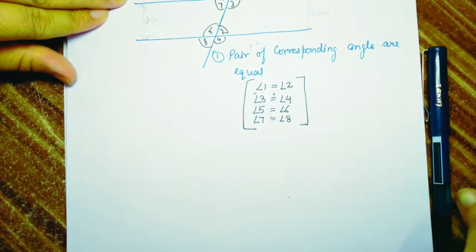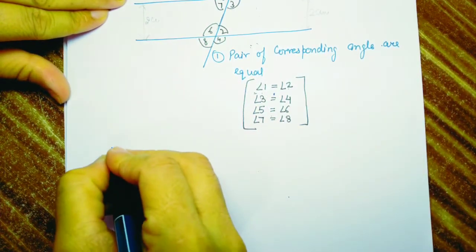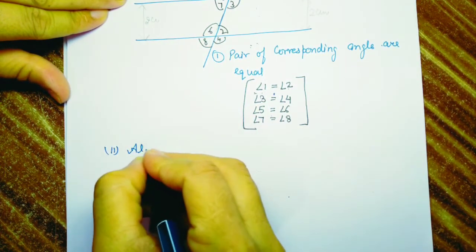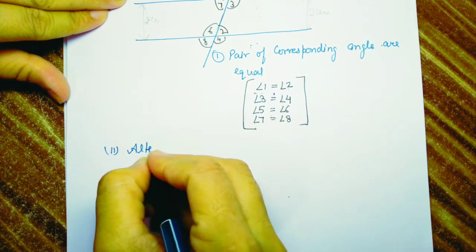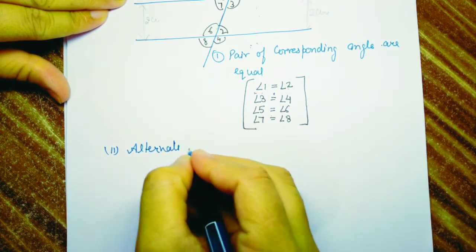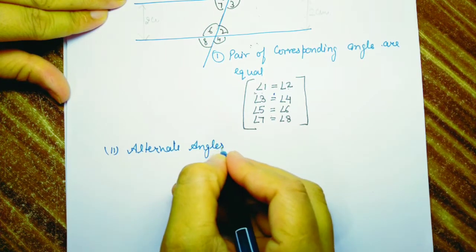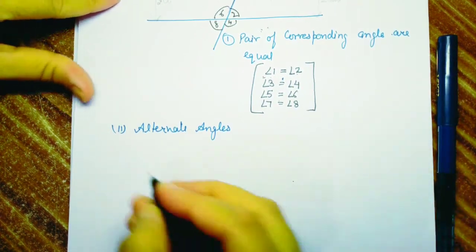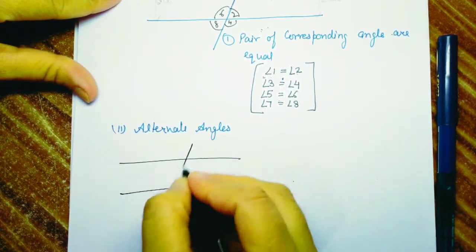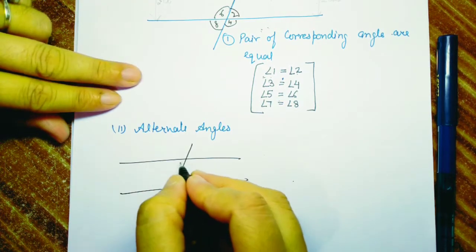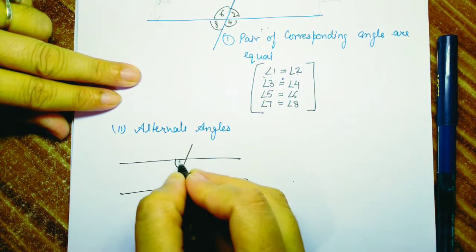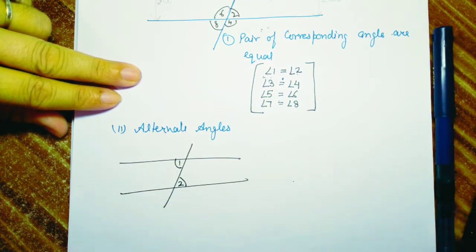Second, we have discussed alternate interior angles. Sorry, alternate angles. Same situation, if the lines are parallel, then alternate angles are equal. We can call these angles the Z shape. Have you observed?